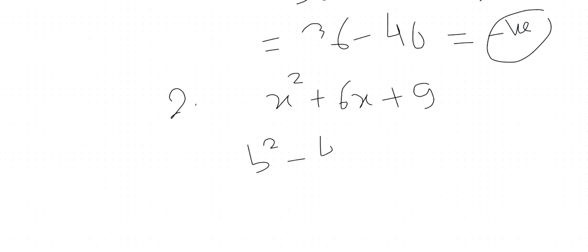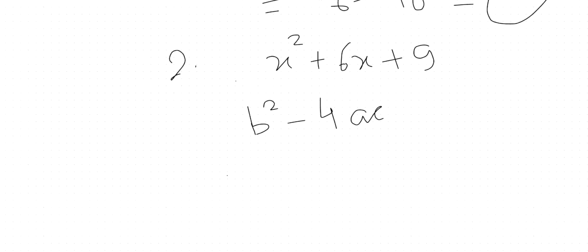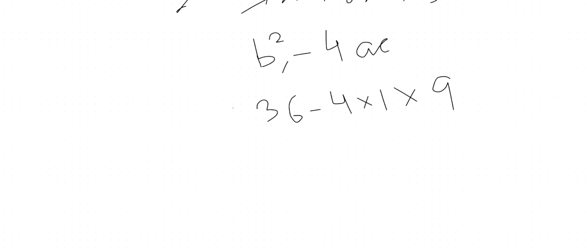I can look at the general format of this, figure out the values of a, b, and c, and put them in. You get 36 minus 4 into 1 into 9, and when you solve this, the answer is 0.